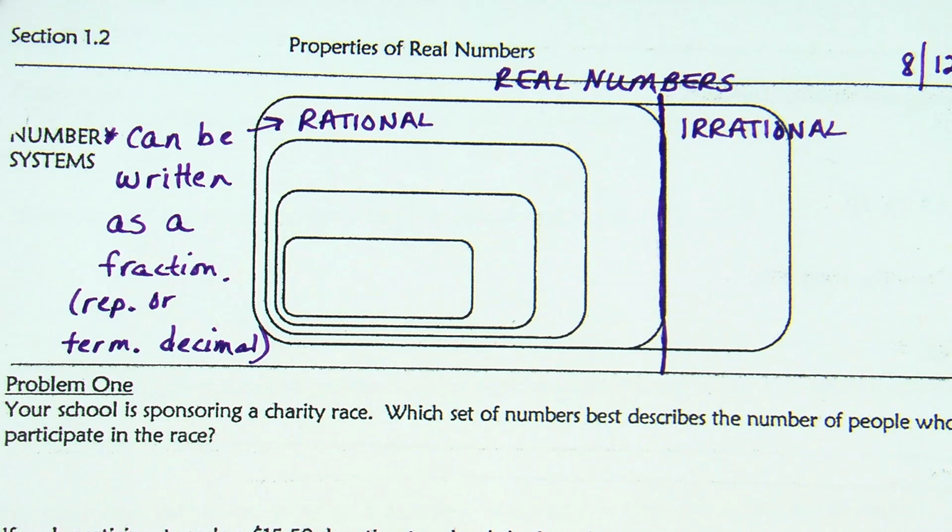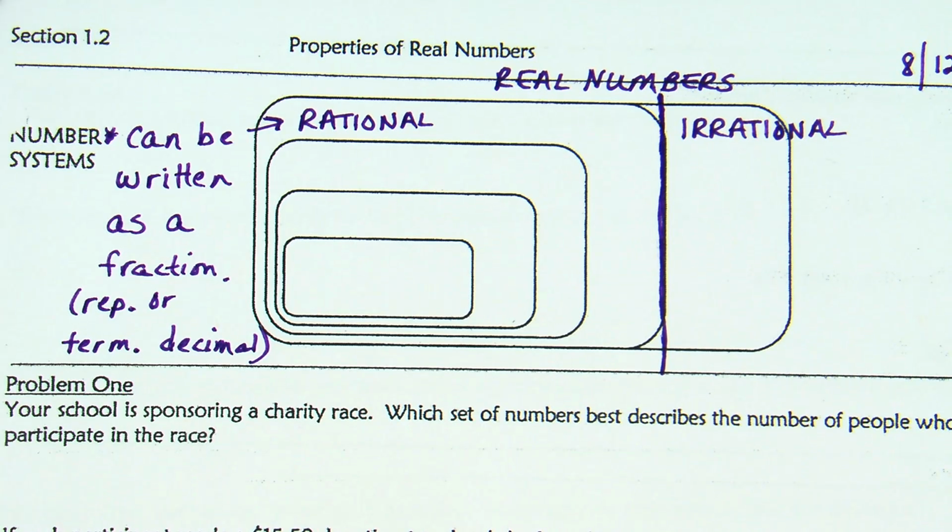Can you give me some examples of rational numbers? 1. Can 1 be written as a fraction? Yeah. 1/1. 2. Can 2 be written as a fraction? Yeah, 2/1. Okay, change it up on me. Give me something else. 0.75, 329.